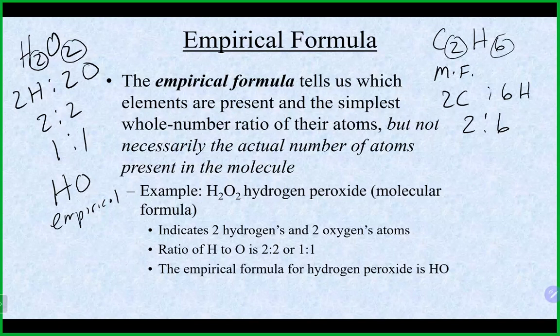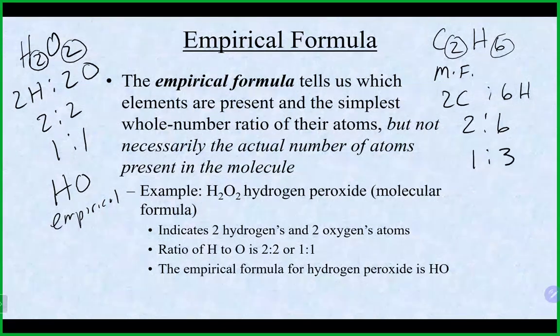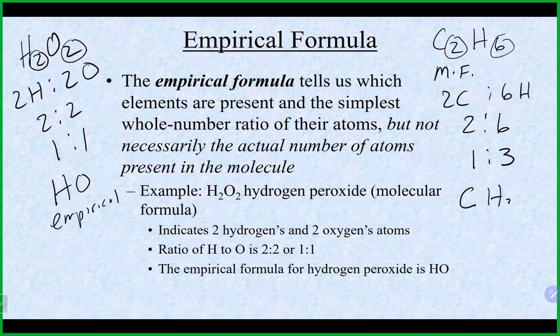Divide everybody by 2, and you will get a 1-to-3 relationship, right? And that basically means that our empirical formula would be CH3. By the way, the numbers on the bottom do need to be whole numbers. You cannot have like half an atom of something, right? So they have to be whole numbers.